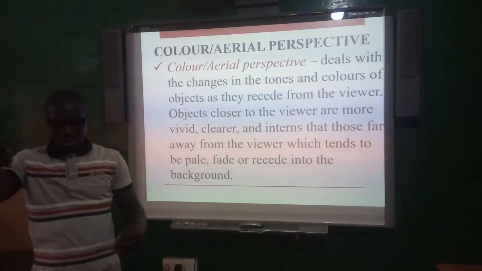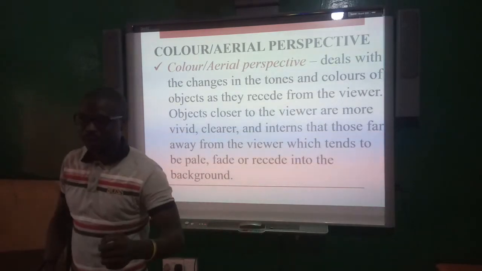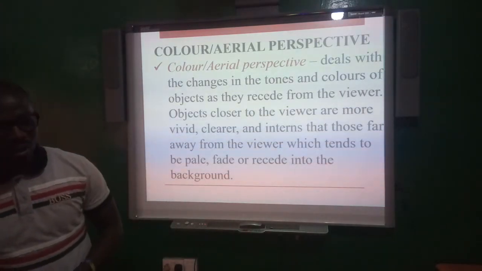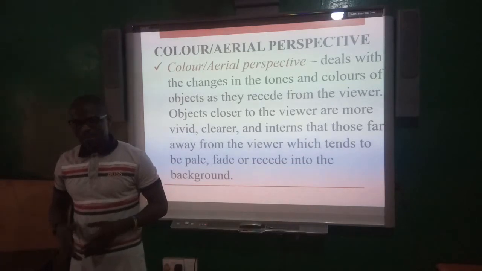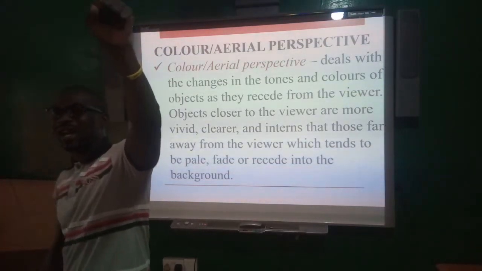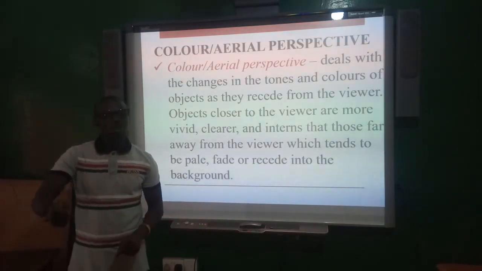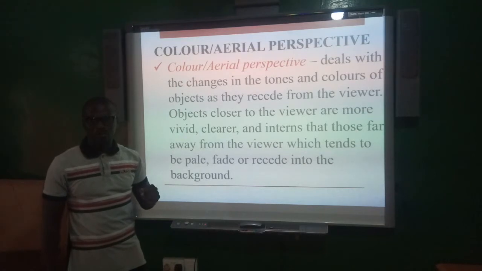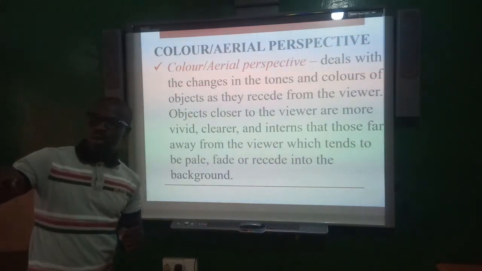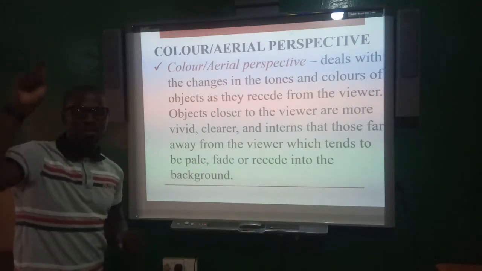If you are to move to the Baba Yara Stadium, of which I'm sure you've gone there before for your interco and those stuffs, when you are seated at the VIP lounge, you will see those at center line as dots. So if you have been asked to depict them using color perspective, you need to do things for people to see that, oh, these individuals are in a distance, they can't be seen properly.